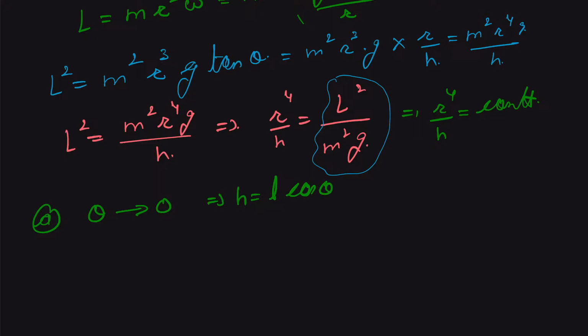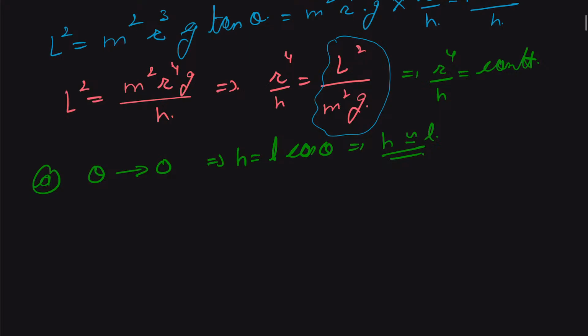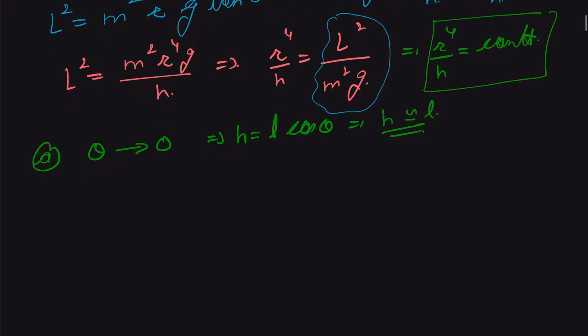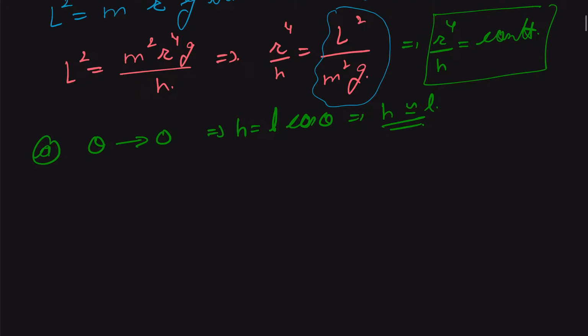So if theta is approximately equal to 0, we can write h is approximately equal to L. Let us call this equation number 3.